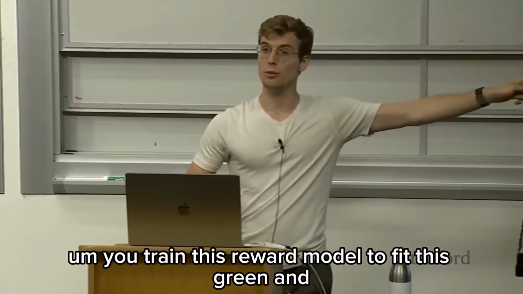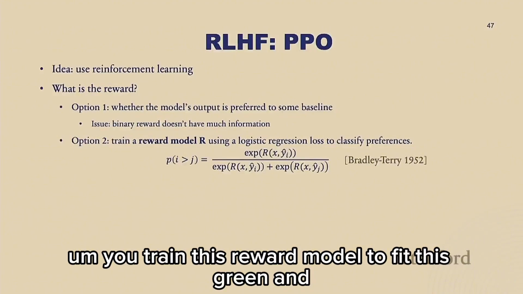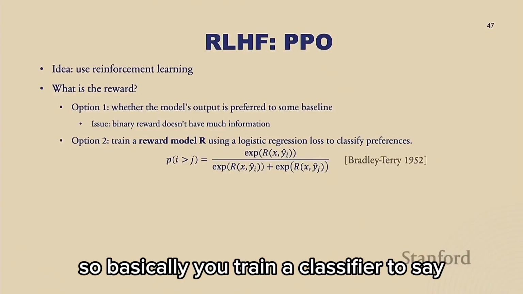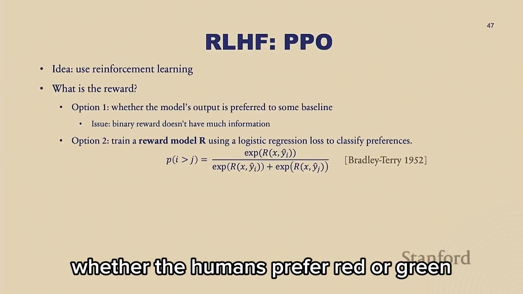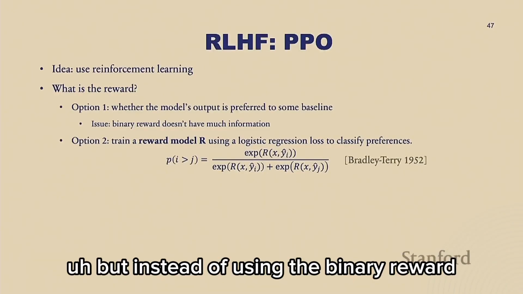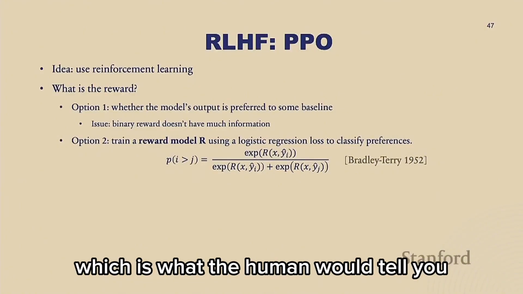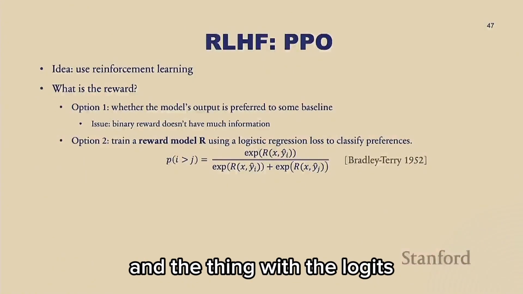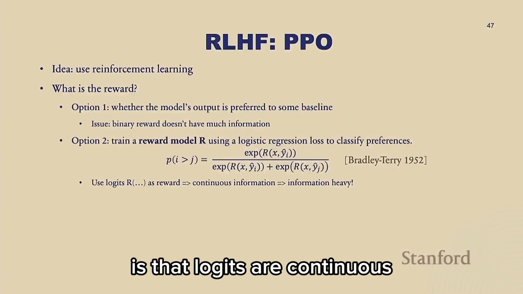You train this reward model to fit this green and red preference from humans. Basically, you train a classifier to say whether the humans prefer red or green. But instead of using the binary reward, which is what the human would tell you, you use the logits of the softmax. And the thing with the logits is that logits are continuous.